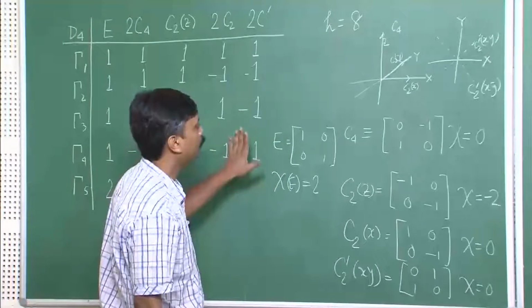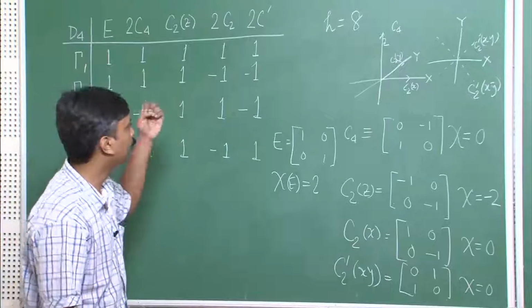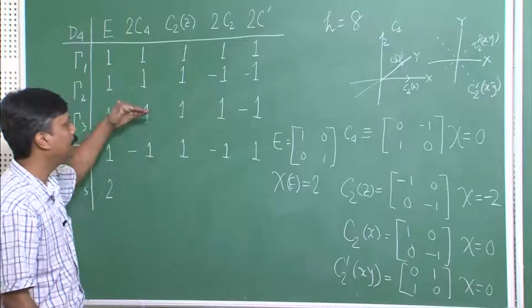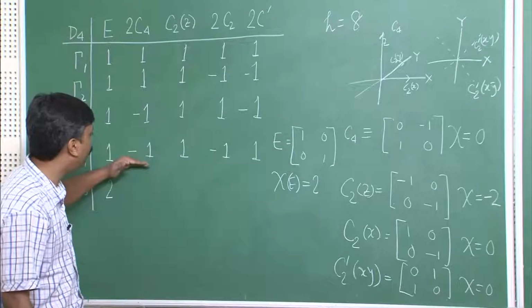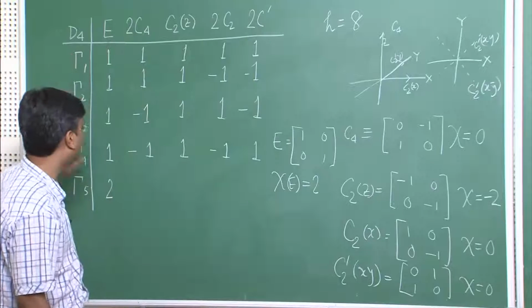So we formed these one-dimensional representations. We saw that it has 4 one-dimensional irreducible representations, and taking the orthogonality into consideration, we found the 4 irreducible representations from gamma 1 to gamma 4.